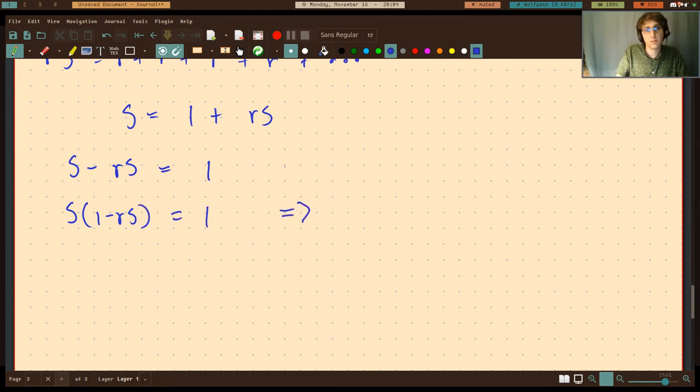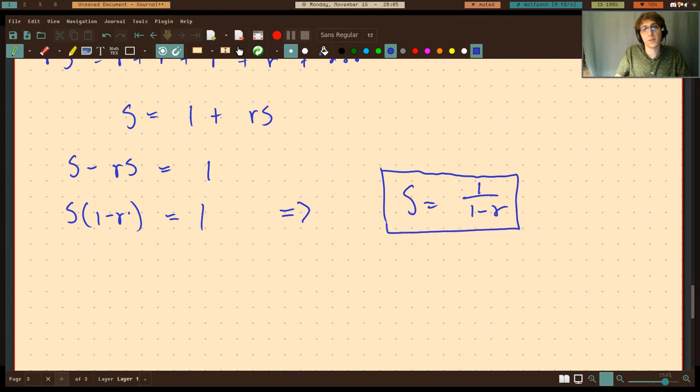And then, sorry, that's a 1 minus r, s equals 1. And then we're going to divide over the 1 minus r. And there's our answer. For any r, it's just 1 over 1 minus r.